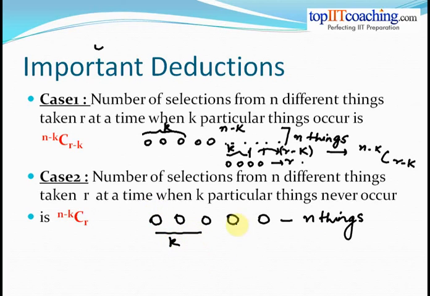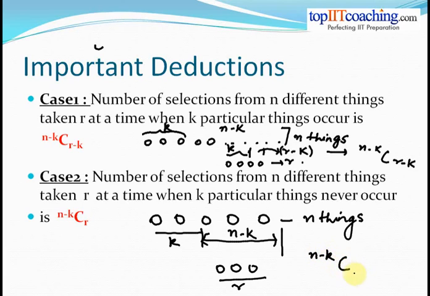So what we have is n-k things that need to be selected from, and we need r things. So what we are going to do is select out of these n-k things r things. Thus the number of selections becomes n-kCr.